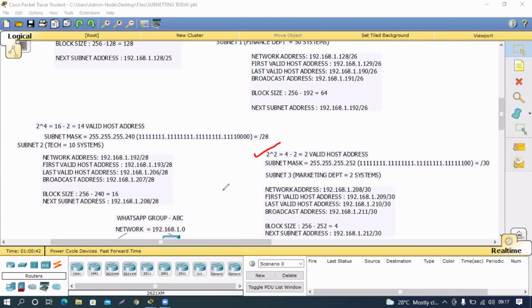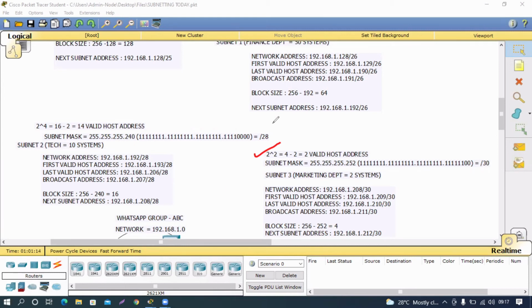The answer will be 4, which we'll add to the network address, that will be 208 plus 4. So the next subnet address will be 192.168.1.212, and after that we'll subtract 1 from 212, we'll get the next broadcast address, that will be 0.211. Then after that we'll subtract 1 to get the last valid host address.